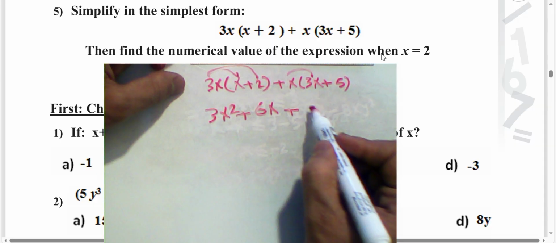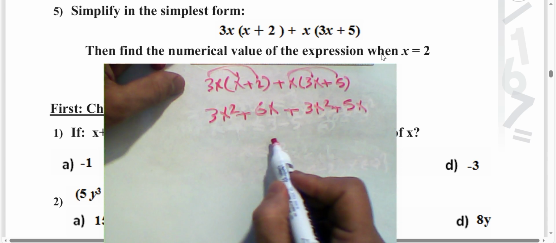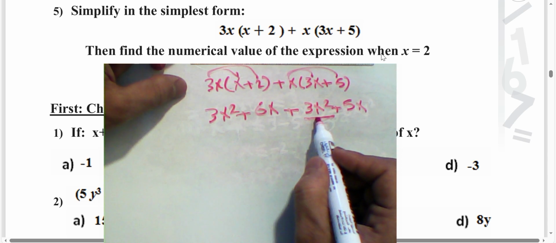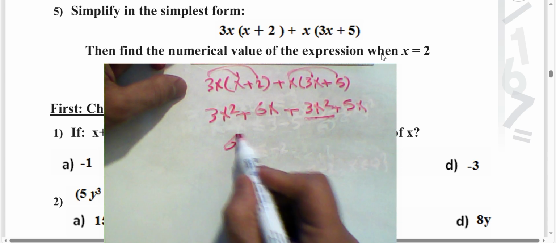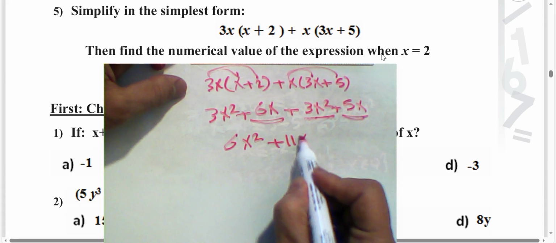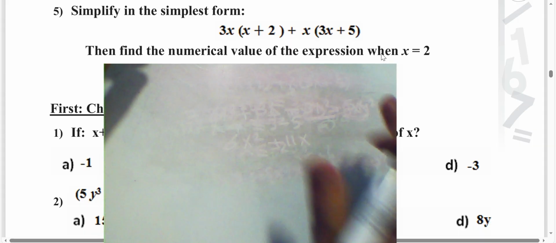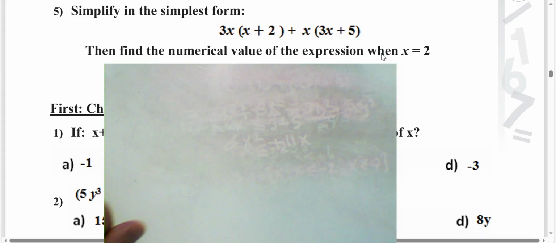Then x times 3x equals 3x power 2. x times 5 will be 5x. We can add 3x power 2 plus 3x power 2, it will be 6x power 2. And 6x plus 5x is 11x. But we want to find the value when x equals a given number. Okay.